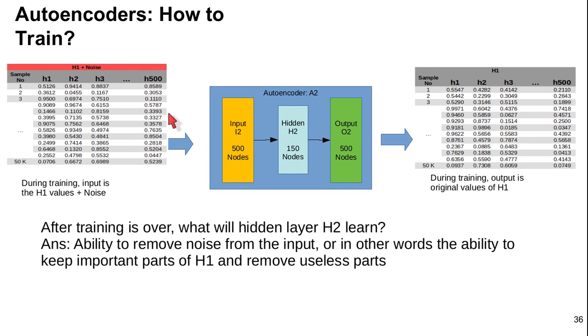After the training of this autoencoder A2 is finished, what will the autoencoder A2 learn? The autoencoder A2 will learn to remove noise from these 500 features if there is any noise in them.